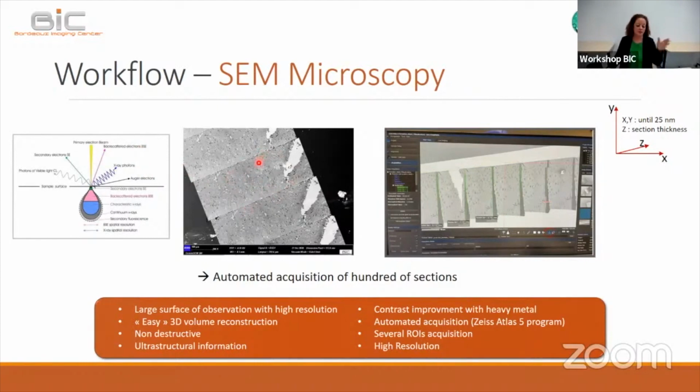Here you see the different sections that we had, and for example, we can target the different regions of interest here with the Atlas 5 program from ZEISS. You see in red the different stamps that we put to tell the program that we have one section here, a second one here.